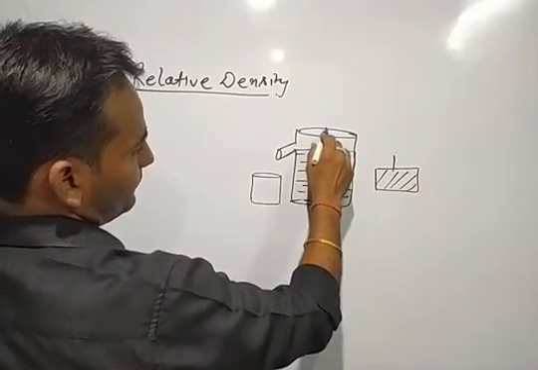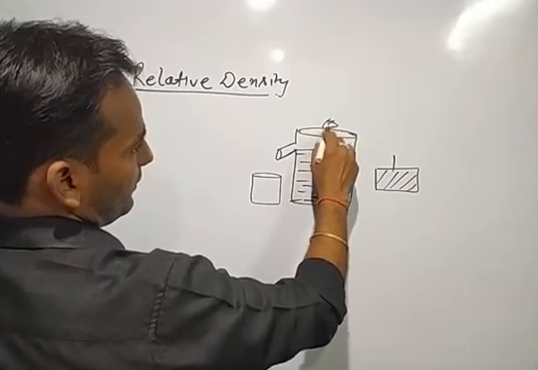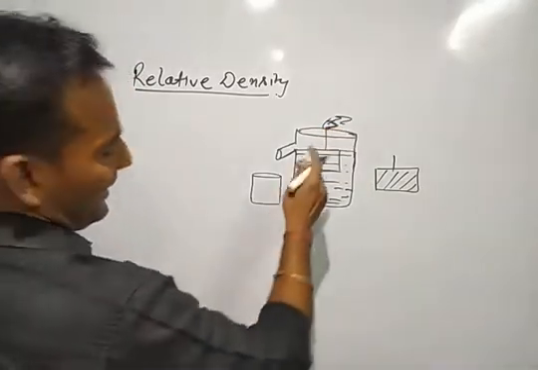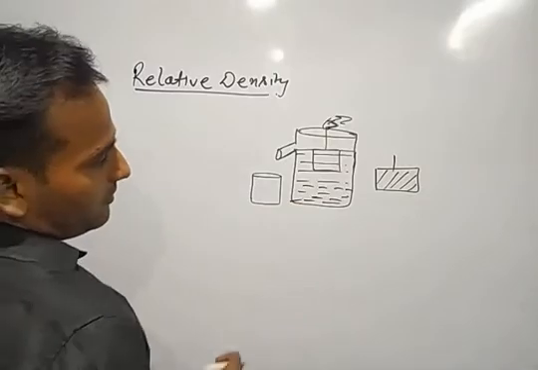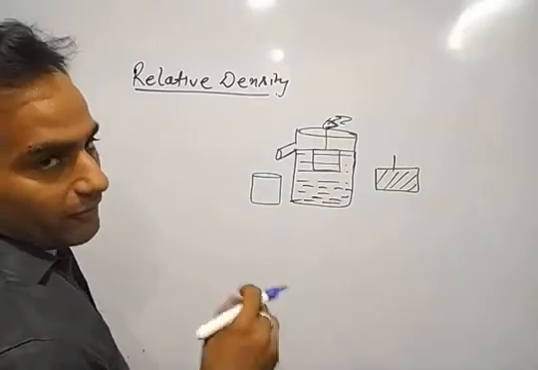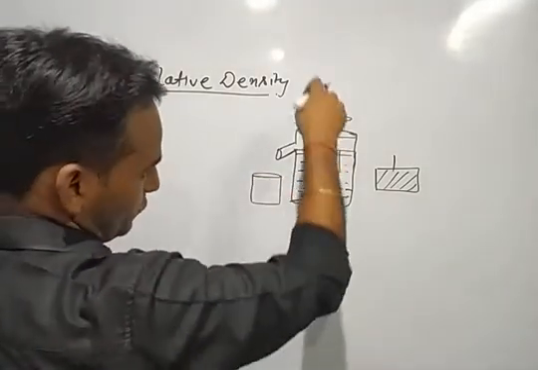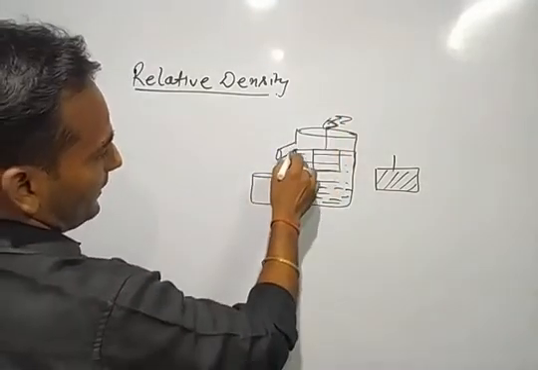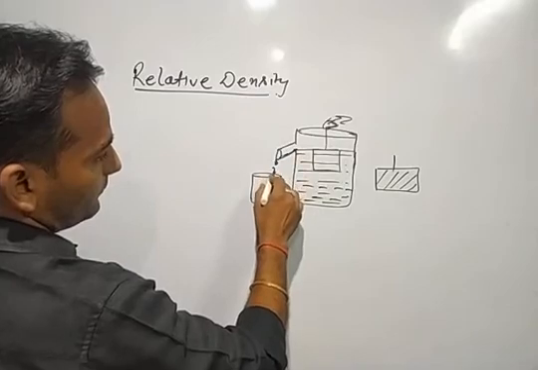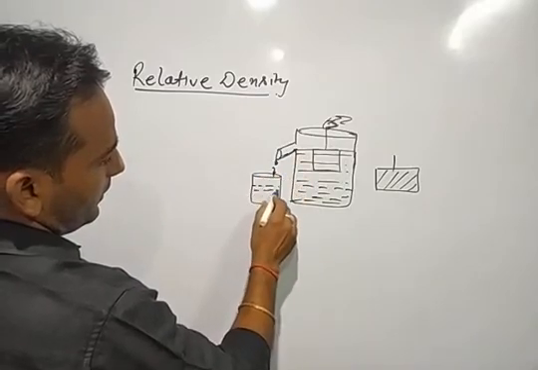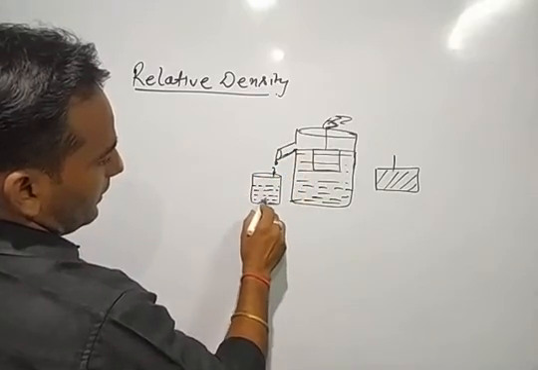What will happen? As soon as we submerge it, whether the half part or the full part, because we have to find the full volume of this solid, we will find that some water will come out from here and will be here in the second beaker.